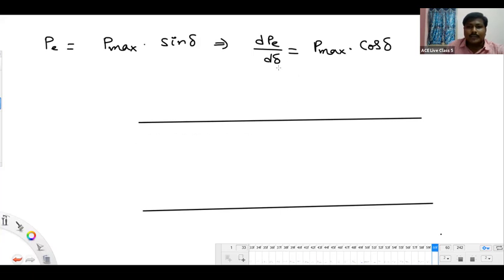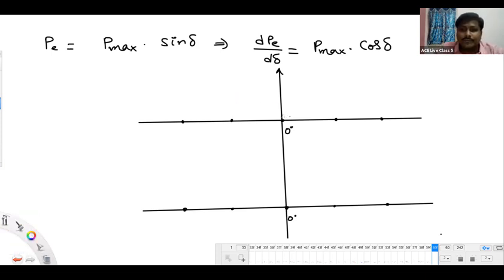I am showing power and dP by d delta on the vertical axes. This is 0 degree, this is 90 and 180, and here also 90 and 180. On this side you have minus 90 degree and minus 180 degree. I'm showing the negative portion also.